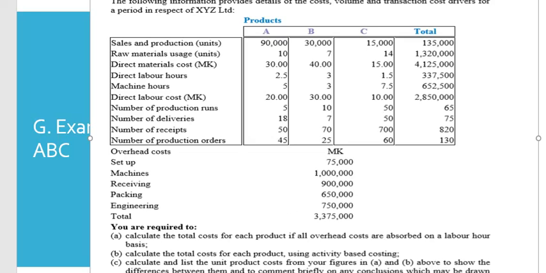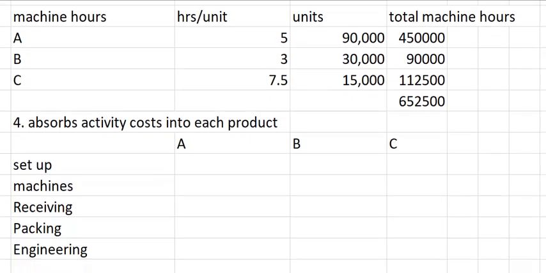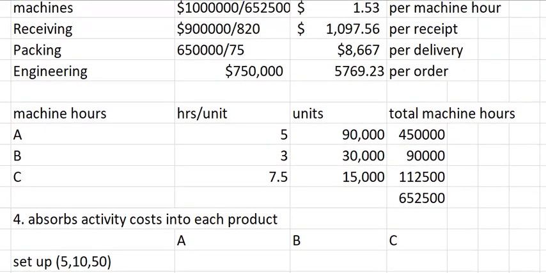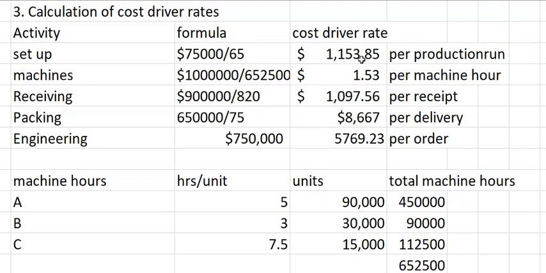Let me put them somewhere. Okay, so 5, 10, and 50. Those are our production lines. You don't really need to write them down, but I'm just doing them so that we don't miss. So what we mean, we are going to be multiplying those numbers by 1153.85.